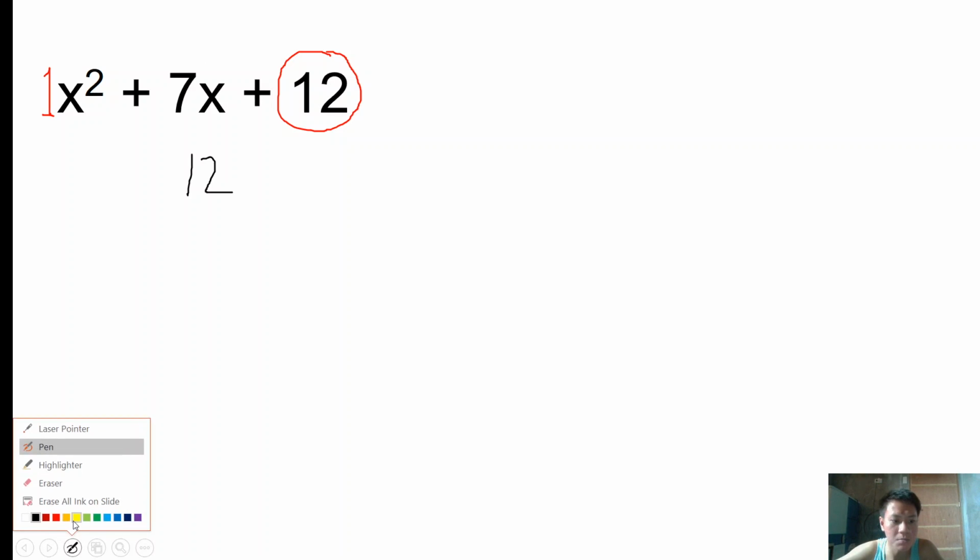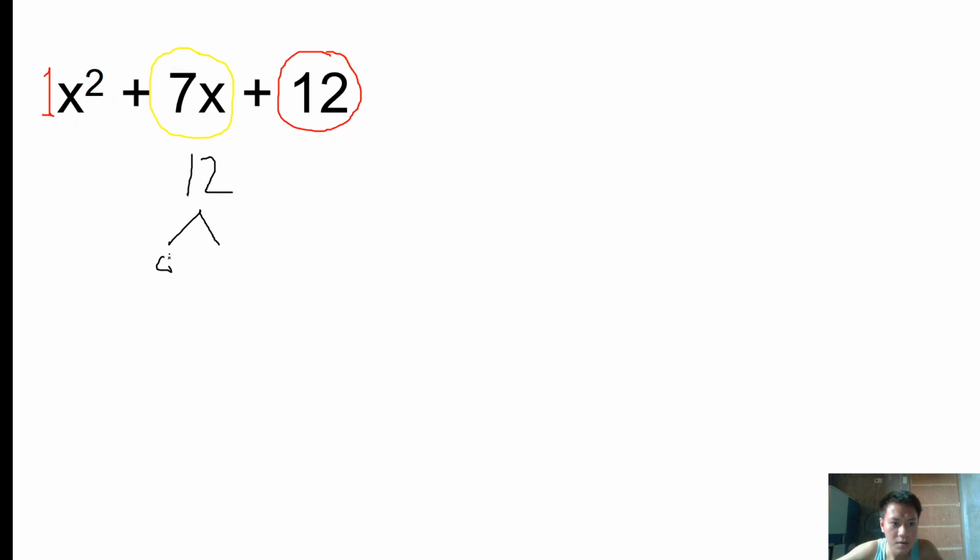Again, iisip ka ng number na kapag pinag-multiply mo ay 12 at kapag pinag-add mo naman ay 7. Okay. So, what are those numbers? Okay. Simply, we have 4 times 3. 4 and 3. 4 times 3 is simply 12 and 4 plus 3 is simply 7. So, nasatisfy na niya yung ating polynomial.